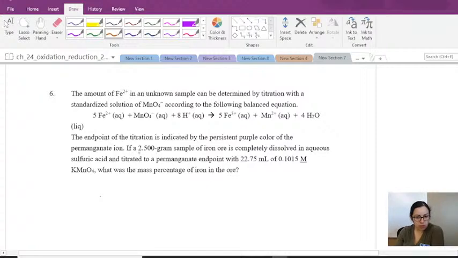And so if you titrated a 2.5 gram sample of iron ore, and it's completely dissolved in aqueous sulfuric acid, and titrated to an endpoint with 22.75 milliliters of a 0.1015 molar permanganate solution, what is the mass percentage of iron in that ore? So at least take a minute or two to think about it, and we'll go over it.